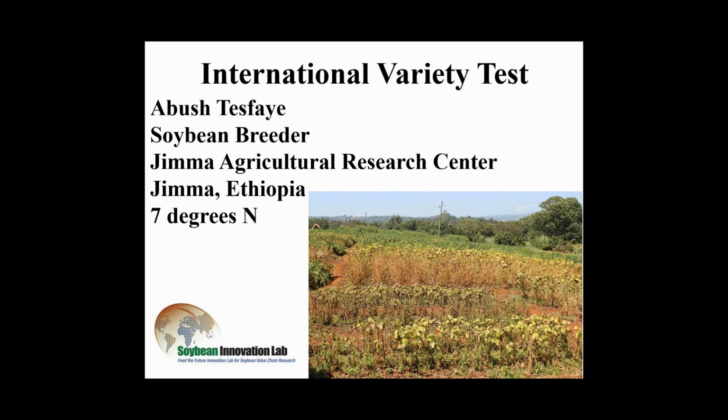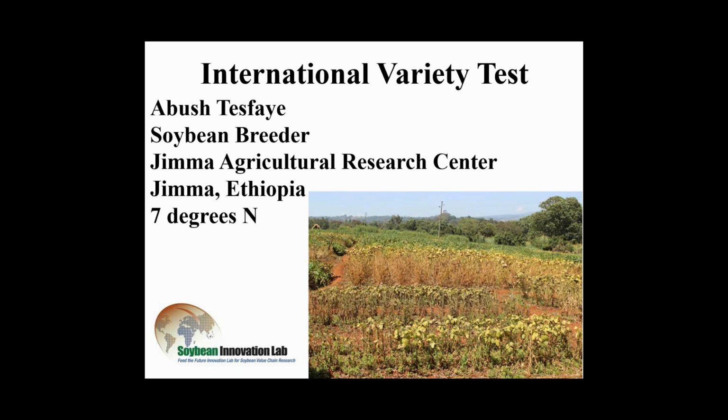Okay. So I'm going to present the data that Bush collected, and I just got this data yesterday morning. I was there early last November when this picture was taken, and most of the lines were right then, but not quite.